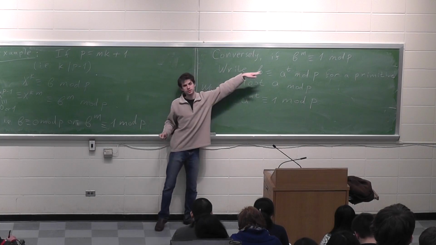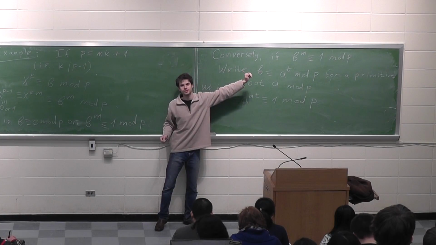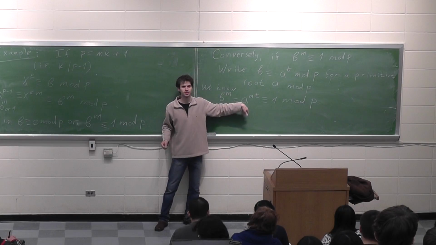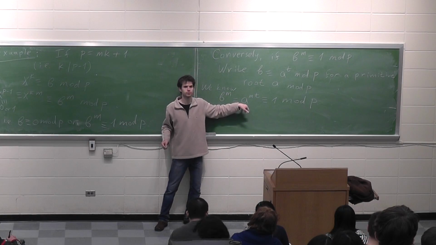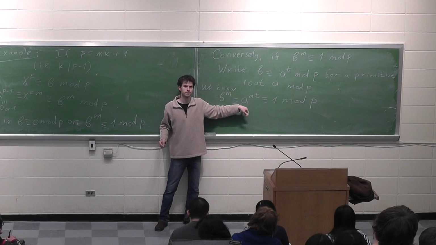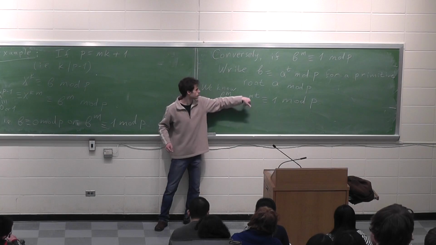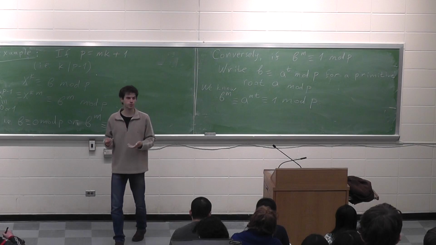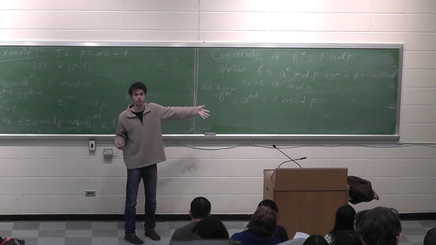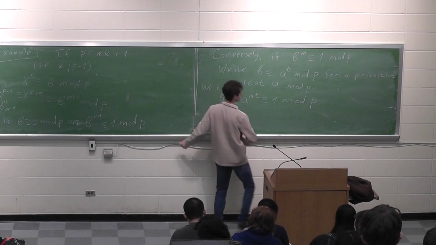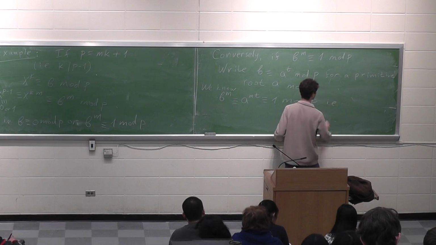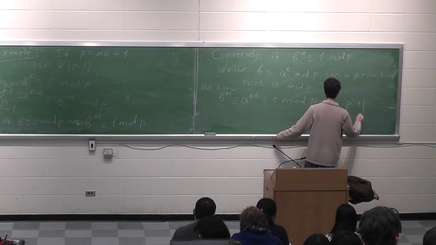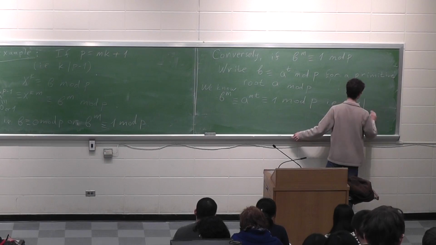It's just that equation. But now it's written as an equation about the primitive root. What does it mean that a to some power is congruent to 1? It means that this power is divisible by the order of a, which is p minus 1. And p minus 1 divides m times t.